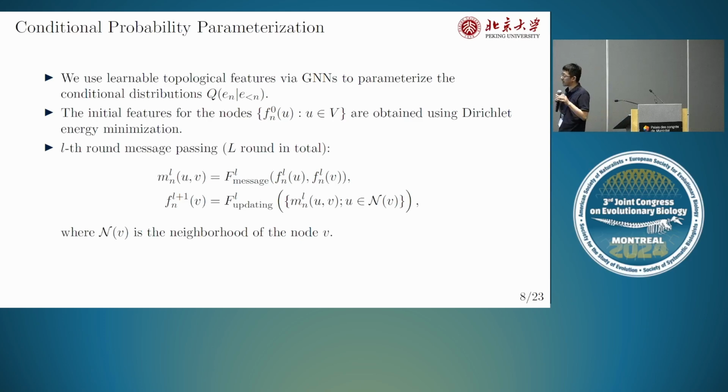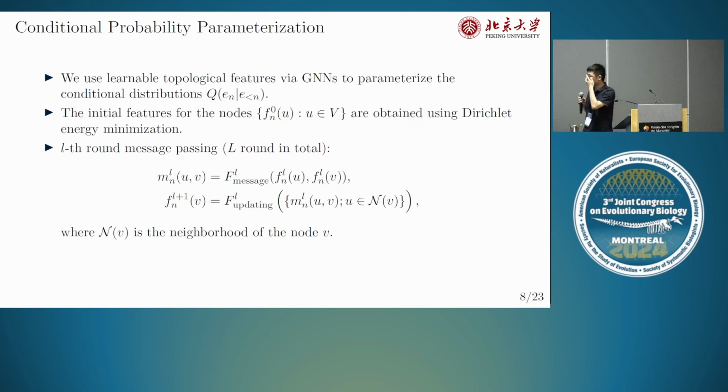And we managed to do that using Dirichlet energy minimization. Due to the time limit, I'm not going to describe this in detail, but if you use Dirichlet energy minimization, you'll be able to find some very intuitive embedding for the interior nodes. And based on that, you can do message passing. That's the core component for graph neural networks.